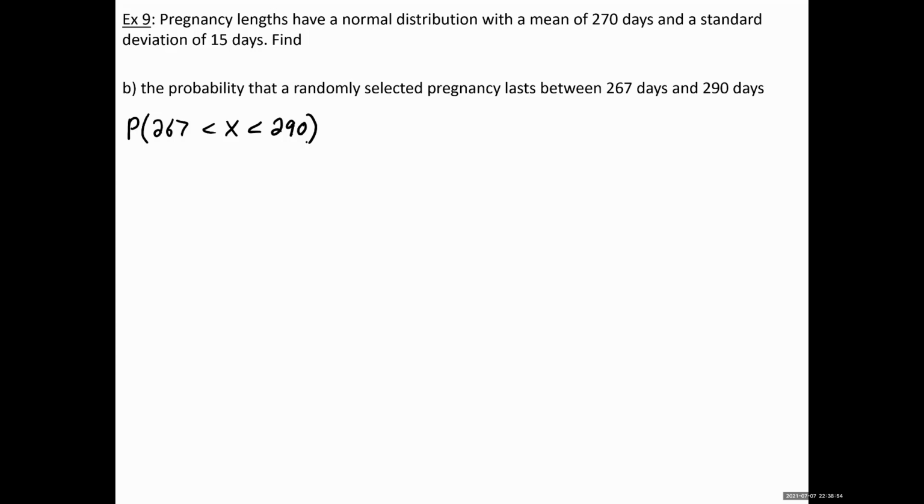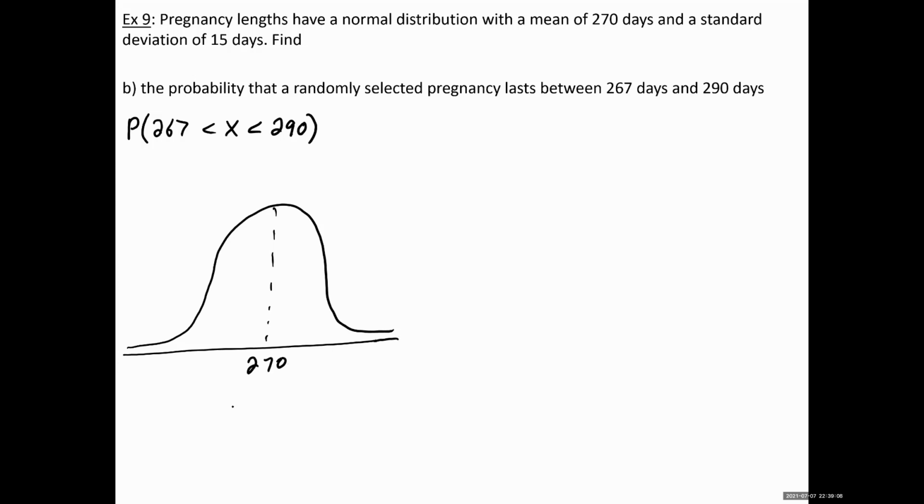Okay. I will draw a picture at this point. You draw some kind of bell curve, put the mean here, 270, label it X distribution. Now I have to put these numbers in the picture. So 267 is less than 270, so it's like here. 290 is bigger than 270, somewhere here.